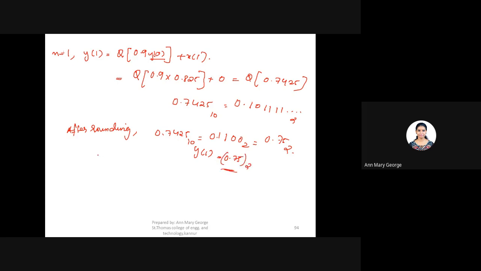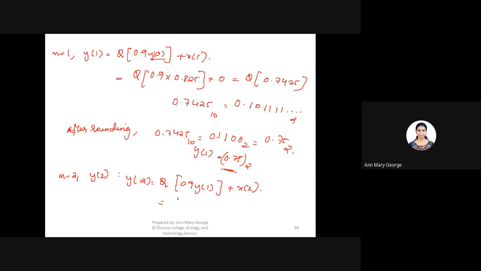Similarly, you have to find the value for n equal to 2, that is y of 2. Y of 2 will be equal to Q of 0.9 y of 1 plus x of 2.